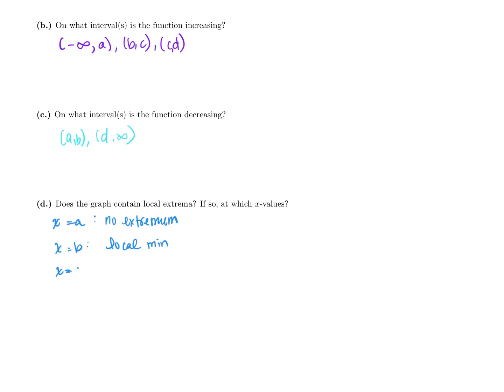At x equals C, we had no extremum because that was where our graph looked like the g of x did before, x cubed. It increased, it momentarily flattened out, and then kept on increasing. And x equals D gave us a local max. In fact, we could call this one a global max as well.